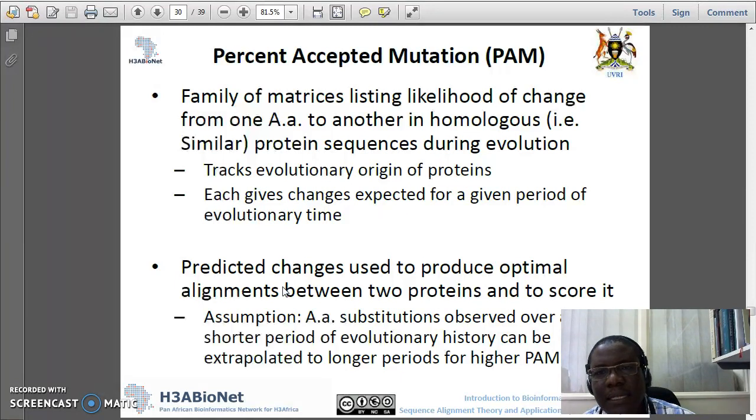And then the underlying assumption in this matrix is that you can extrapolate those values to even longer evolutionary distances. And when you are dealing with sequences that are even more diverged than the ones that were used to calculate the earlier PAM, that higher PAM should be able to work with those more diverged sequences equally well.